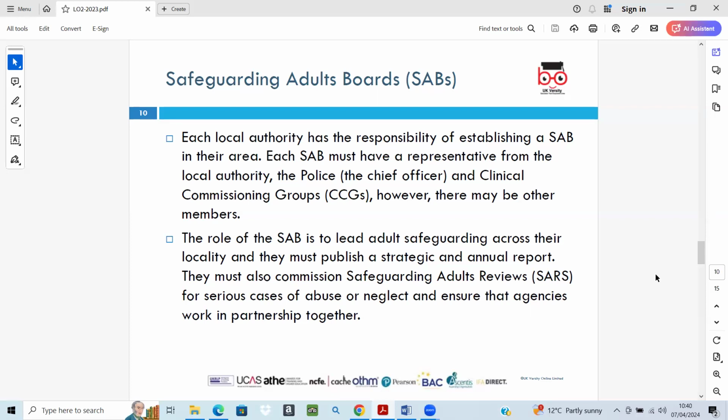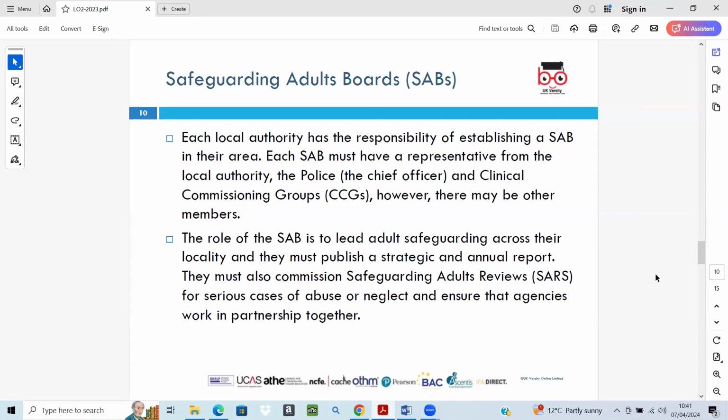So, safeguarding adult board. For that, each local authority is responsible for establishing a safeguarding adult board in their area, and the composition of a safeguarding adult board must include representatives from key organizations, including the local authority, the police, specifically the chief officer, and the clinical commissioning group (CCGs), and other members may also be included depending on the specific need and structure of the local area.